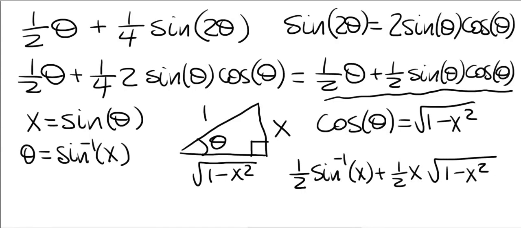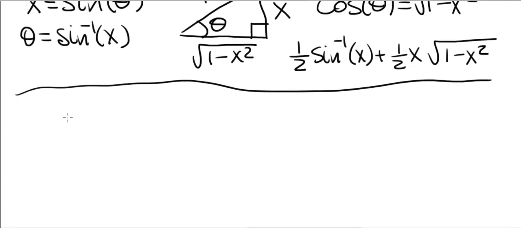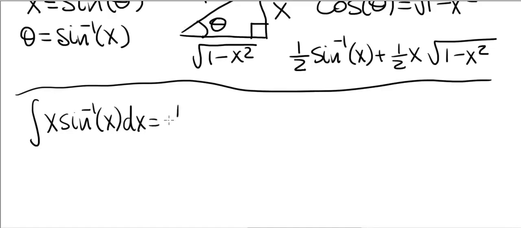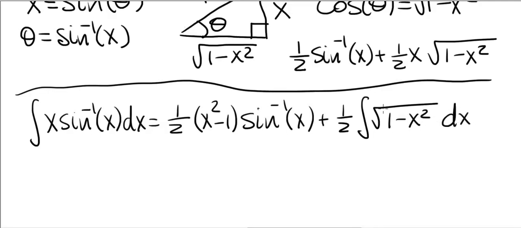So let's return to the original problem. The original problem, recall, was the integral of x times inverse sine of x, and that was equal to 1/2 x squared minus 1 times inverse sine of x plus 1/2 times the integral of the square root of 1 minus x squared. We just evaluated this integral, and then we'll multiply everything by 1/2, and let's also go ahead and expand this part as well.